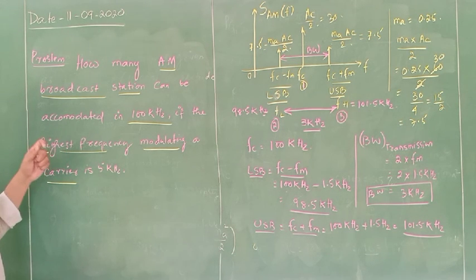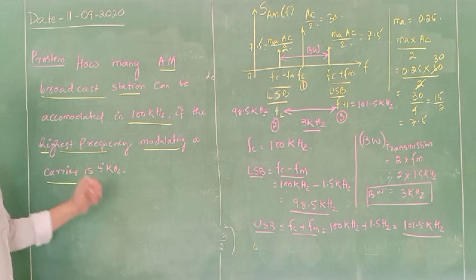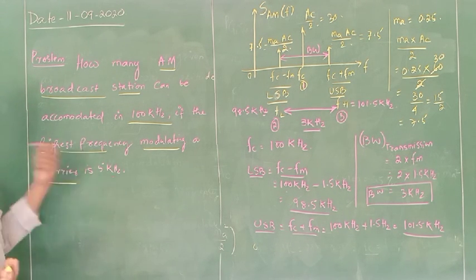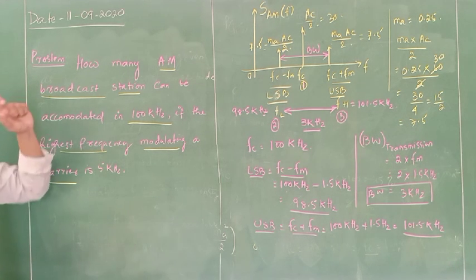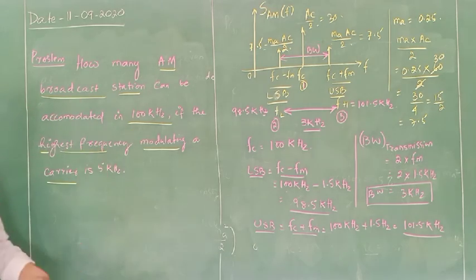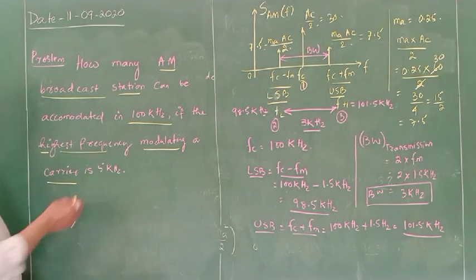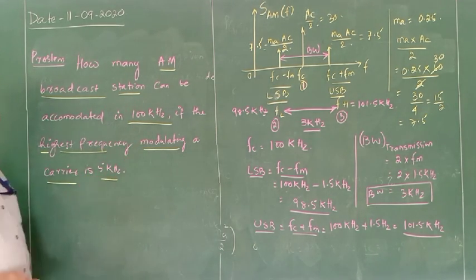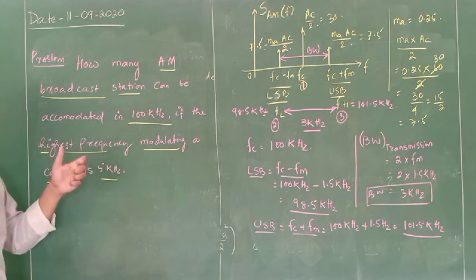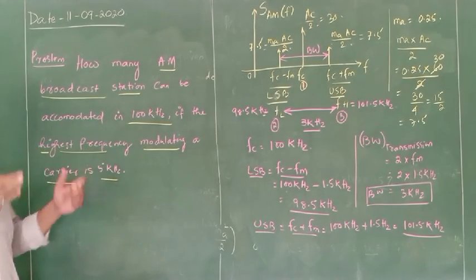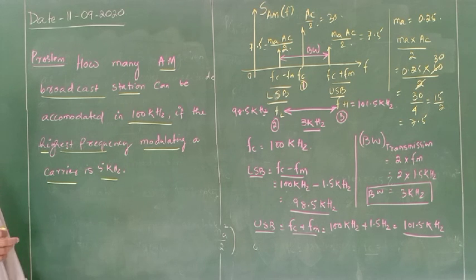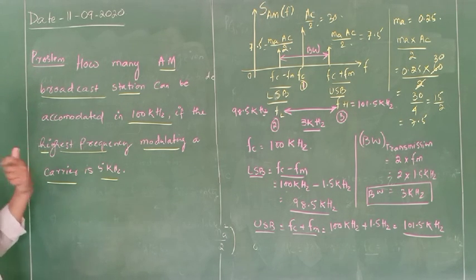It is not the carrier he is talking about, it is the modulating signal whose frequency is 5 kHz. Okay, the carrier only identifies that modulation has taken place. But here he is asking about the modulating signal. Among the modulating signal, the maximum highest frequency is 5 kHz, and this is the total bandwidth. So, how many broadcast stations are we going to identify?